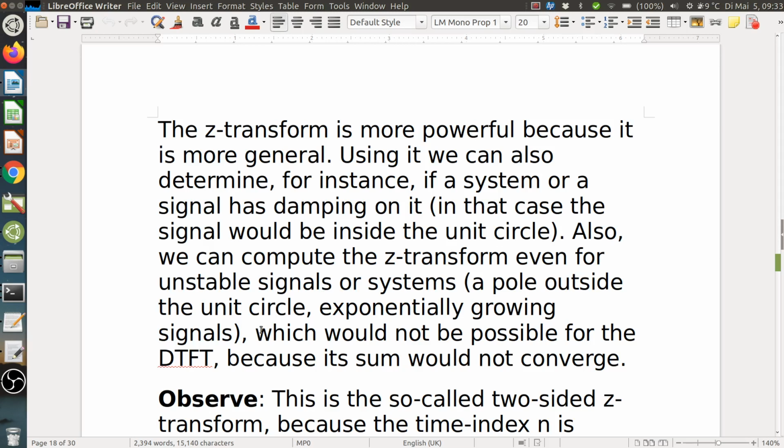So if you have an exponential increase of the signal, then any infinite sum would diverge, and that's the case for the DTFT. But for the z transform, we just need to make sure that our z is chosen such that we still have a converging sum.